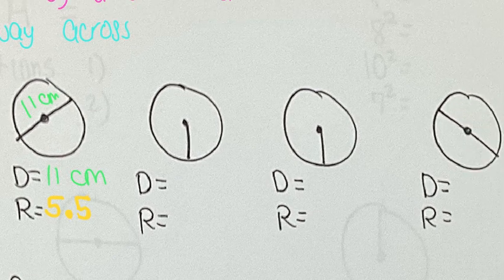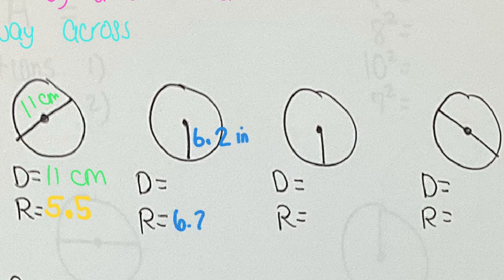Okay, next picture, I'm going to give you a radius of 6.2. 6.2 inches for the radius. You do the math and tell me what would it be all the way across. 6.2 plus another 6.2. Did you figure it out yet? 12.4.